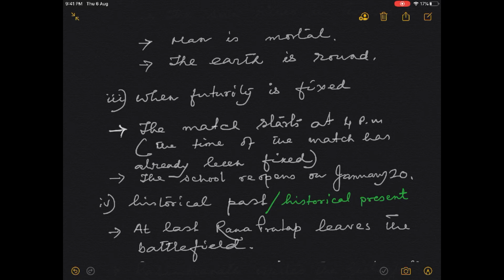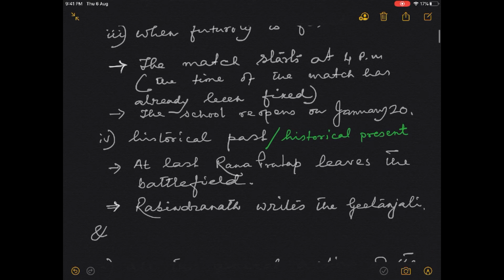Present indefinite tense is also used to express the historical past. For this it is said historical present. To transfer the event of historical past into present tense, present indefinite tense is used. For this it is called historical present. See the example. At last, Rana Pratap leaves the battlefield.